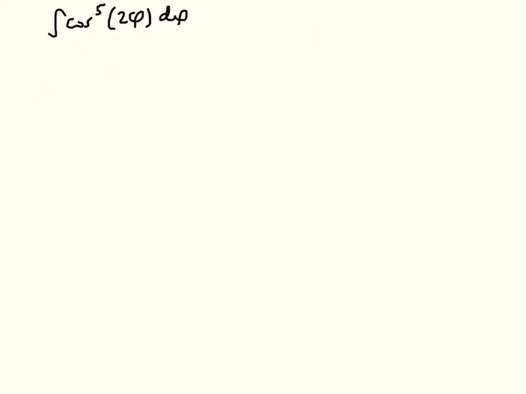So in this slide I want to calculate the integral of cos to the power of 5 of 2 phi with respect to phi. And what we have to notice here, the important pattern, is that the cosine here is raised to the power of 5, and 5 is odd. So because of this, we can write this as the integral of the cosine of 2 phi times cosine to the power of 4 of 2 phi with respect to phi.